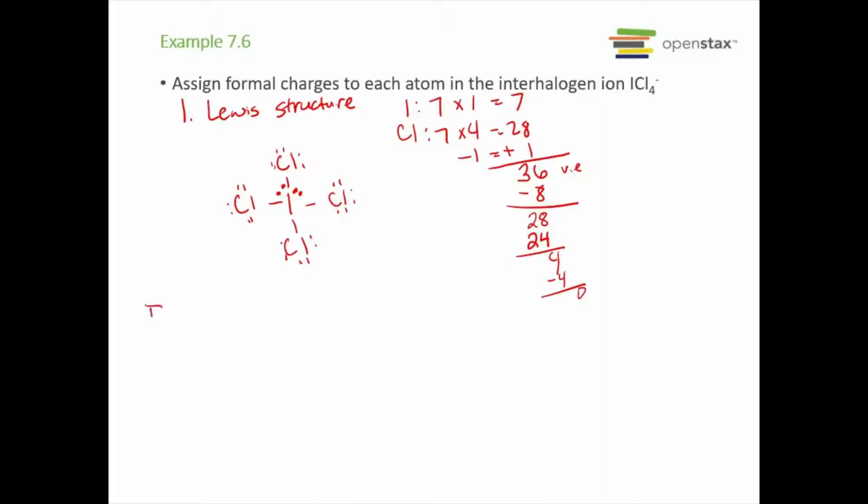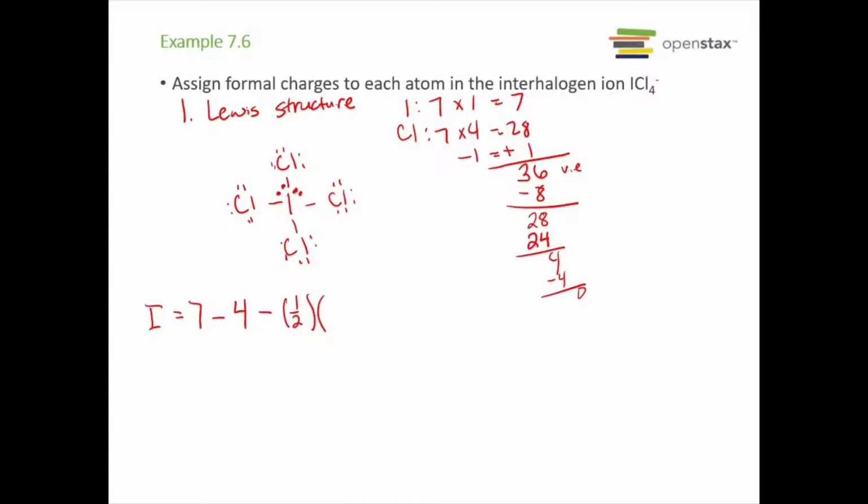So iodine, formal charge: it has 7 valence shell electrons minus the number of lone pair electrons. There are 2 sets of lone pairs, which means a total of 4 electrons, minus 1/2 times the number of bonding electrons.